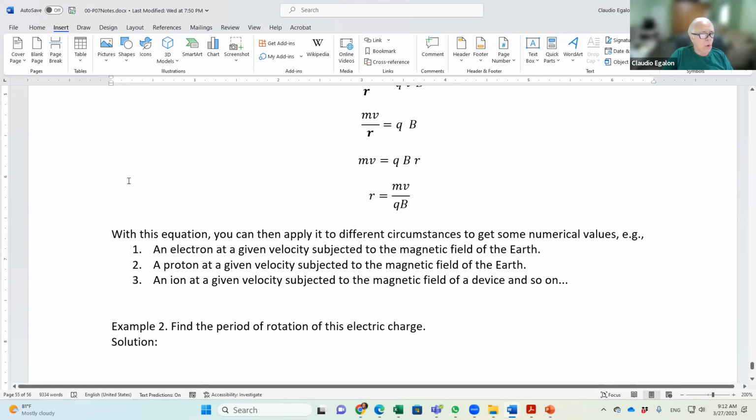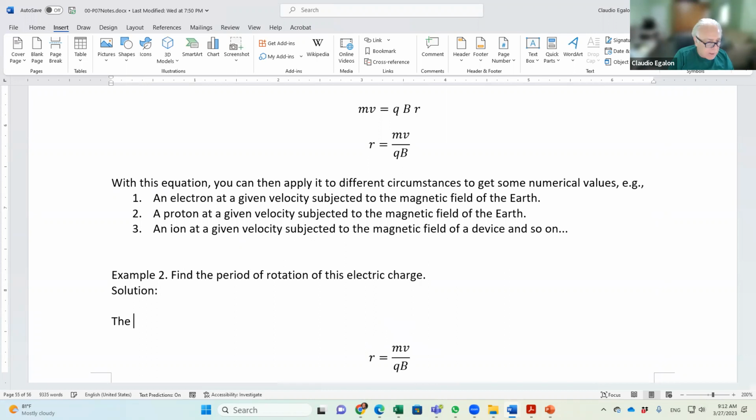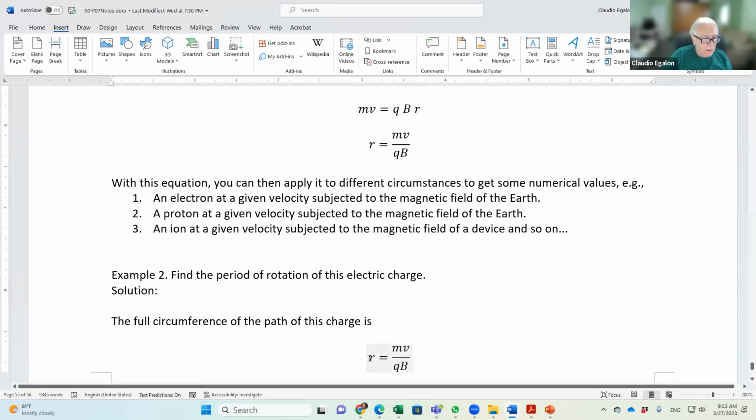We do know that the period of rotation, T, is going to be, don't forget, the full circle, the full circumference of the path of this charge, which is 2 pi r.